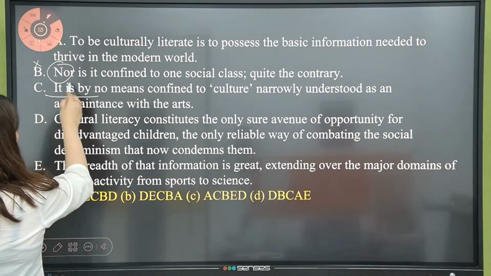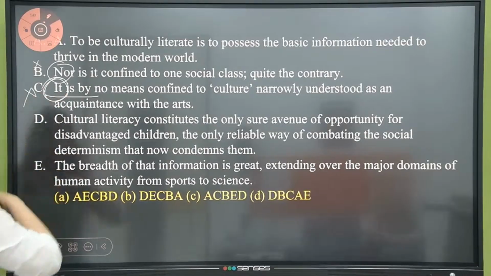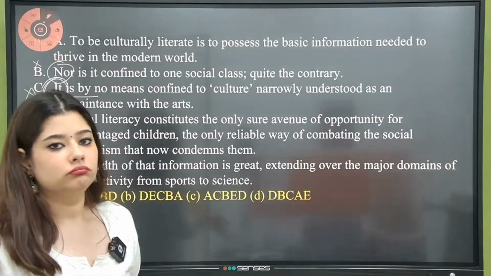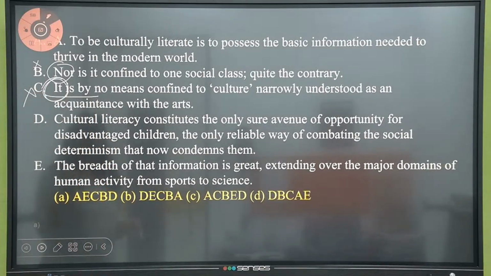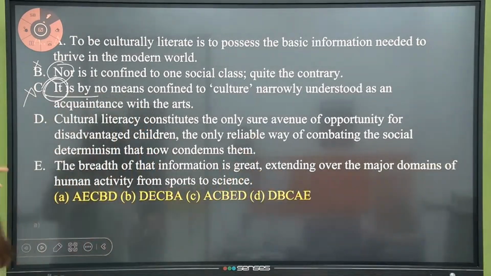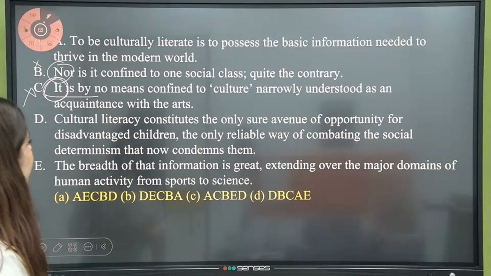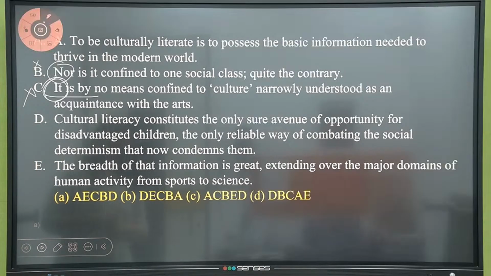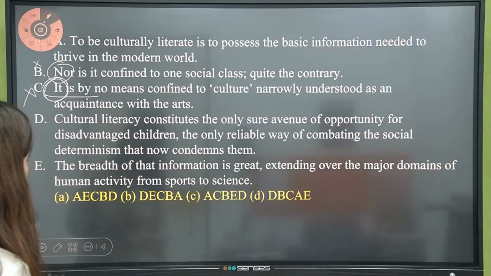It is by no means. Again, I would not start my sentence with this because it needs some prior context. Cultural literacy constitutes the only sure avenue of opportunity for disadvantaged children, the only reliable way of combating the social determinism that now condemns them. Okay?